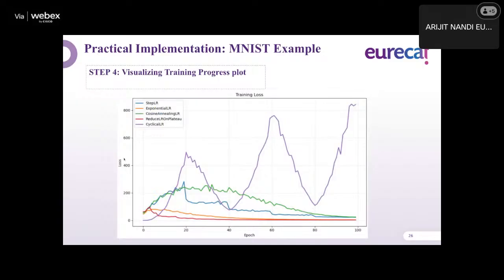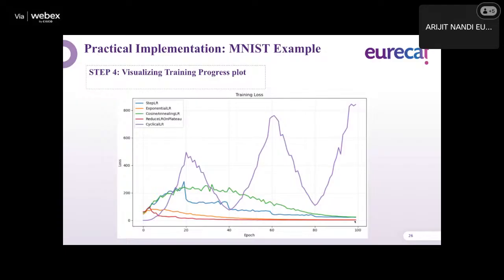The training loss is categorical cross entropy. As you can see, the cyclical LR jumps and is very dynamic. It oscillates a lot. Whereas the reduced LR on plateau and the exponential LR are quite similar, and they started descending, meaning the overall loss reached close to zero.